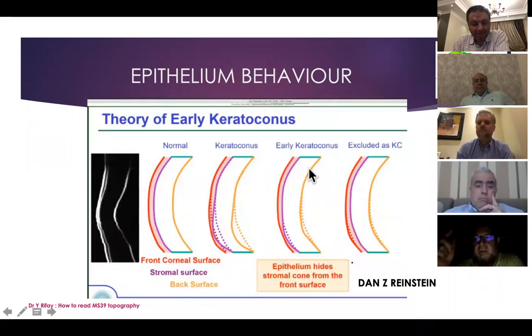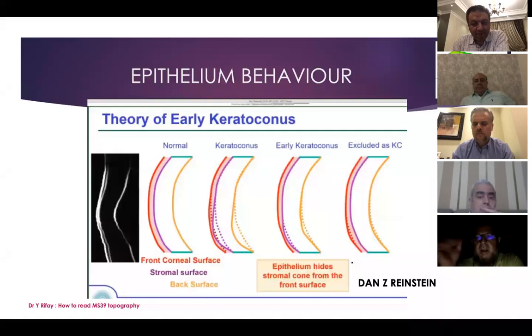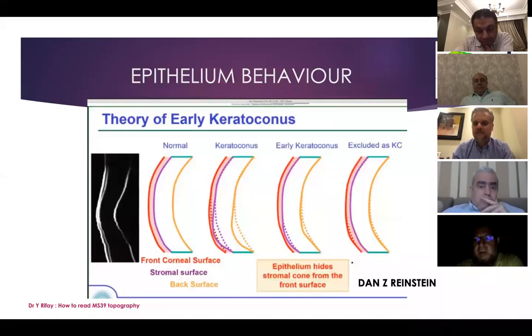And if you can show us the stromal elevation map, which is given by the MS39, in case of thinning due to early changes of keratoconus, you must have elevation on the stromal elevation as well, corresponding to the thinning. So in your case that you presented, did you find elevation on the stromal elevation?